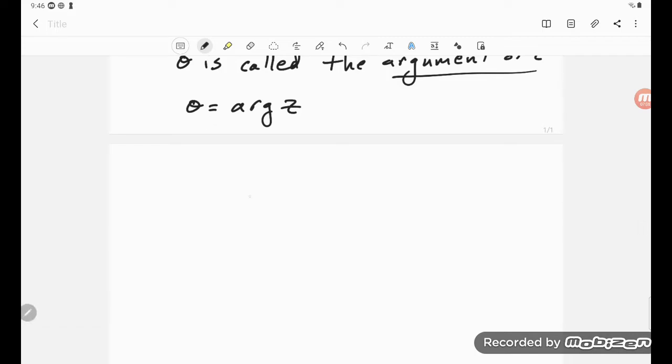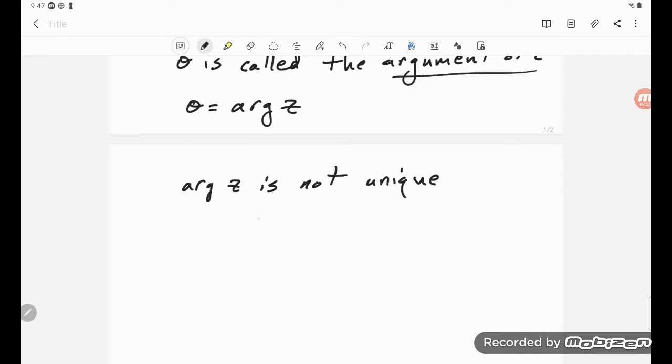Of course, when you think of angles in the Cartesian coordinate system, arg z is not unique, right?